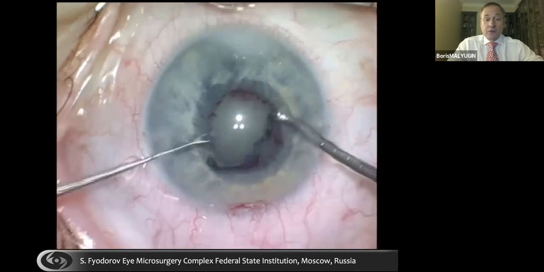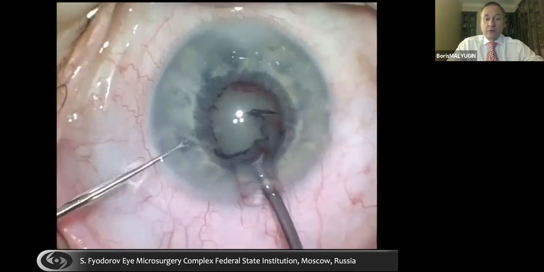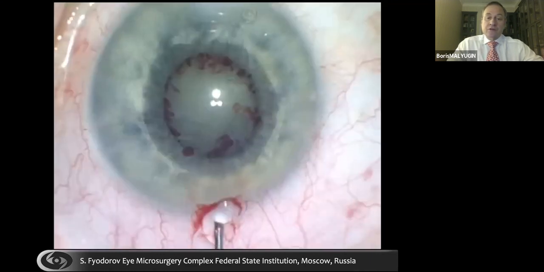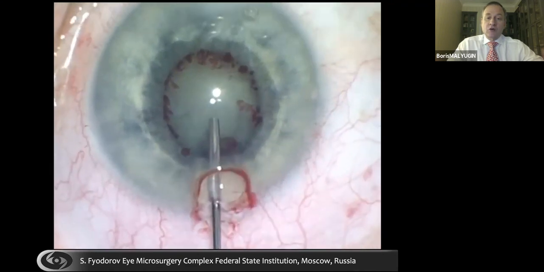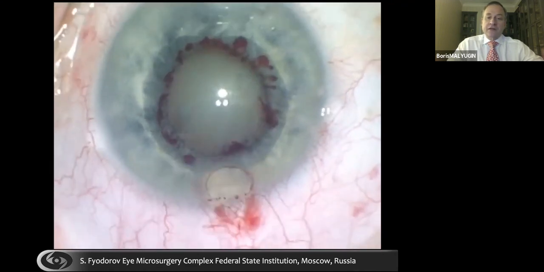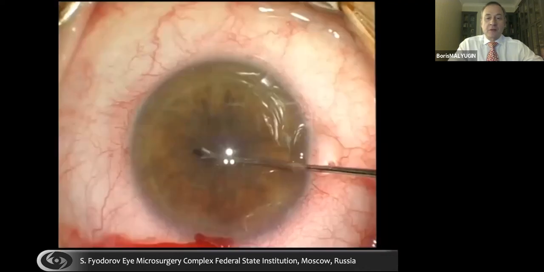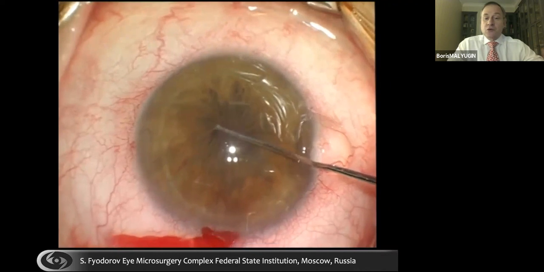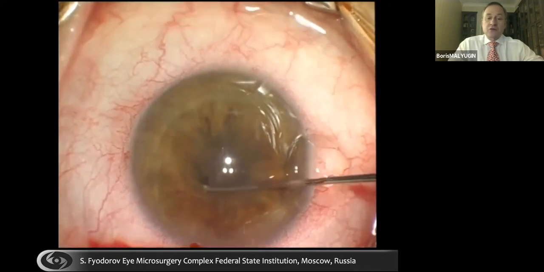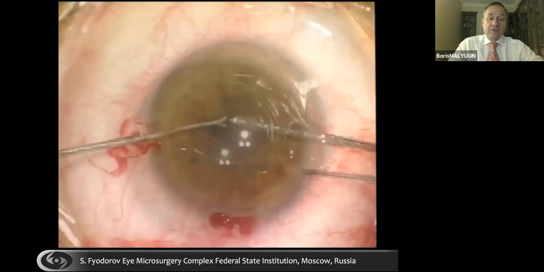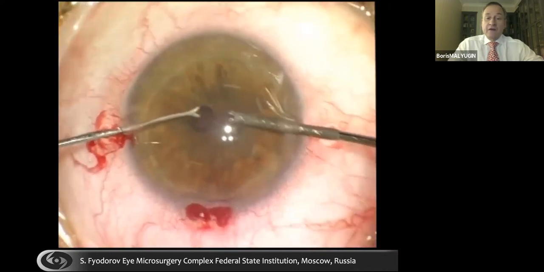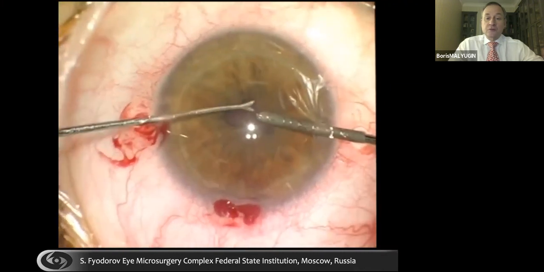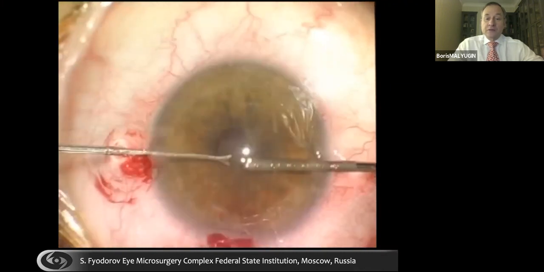And of course, you may see there is some bleeding from the pupillary margin happening here. However, this is usually not very significant and can be blocked by viscoelastic or by increasing the pressure in the anterior chamber. Sometimes pupillary membranes are so intense that you have trouble finding a good spot to introduce the instrument into the posterior chamber.